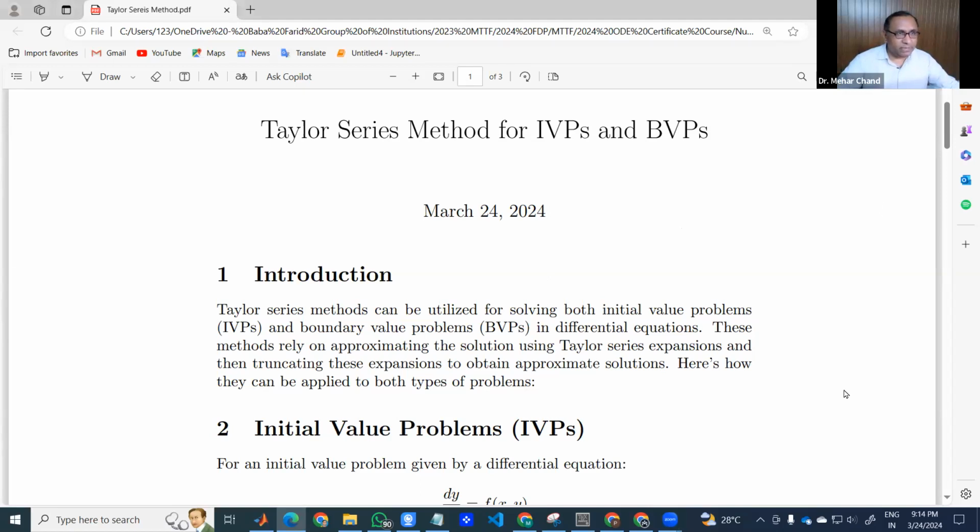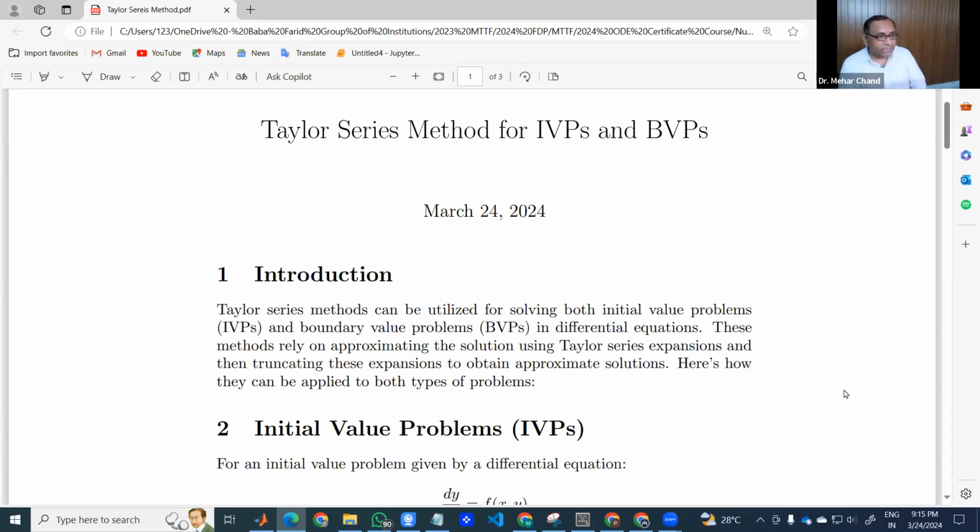My screen is visible. So this is a little bit of information about the Taylor series method for initial value problems and boundary value problems, and how we can use this power series, this Taylor series method, to find the solutions for both types of problems.